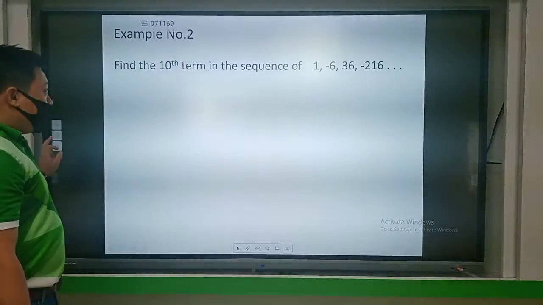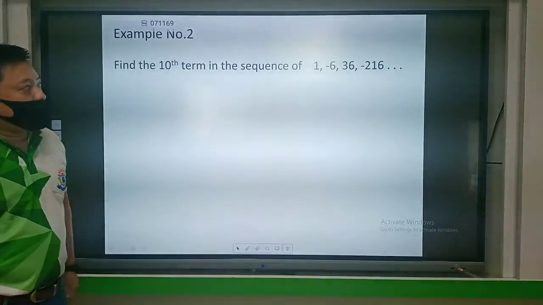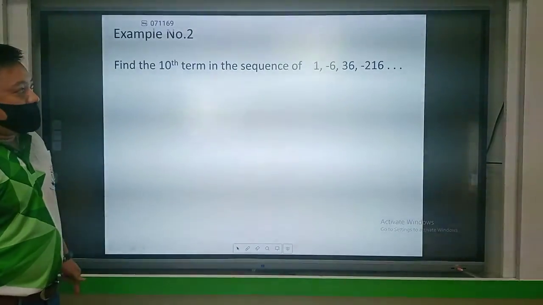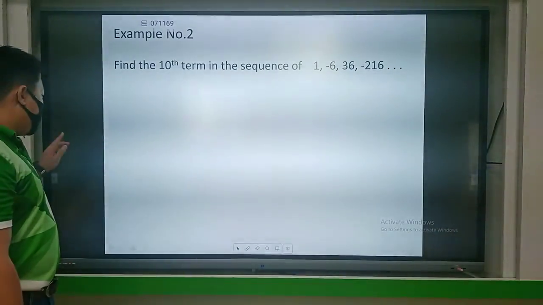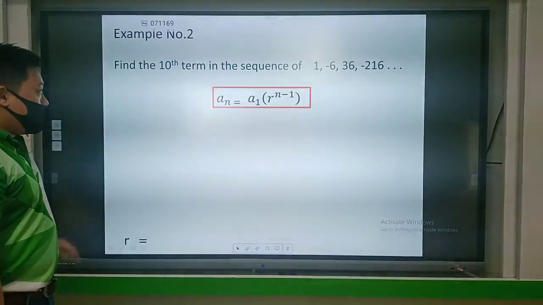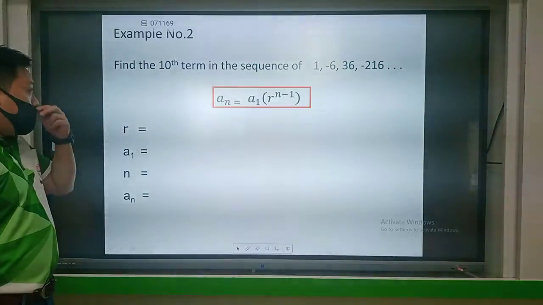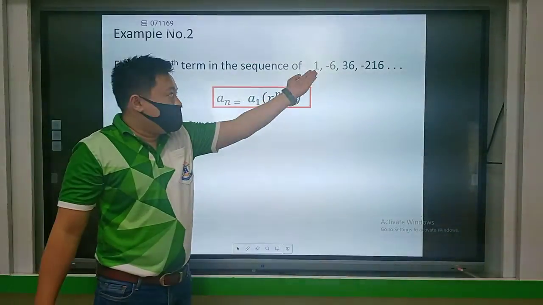Okay, so another example, almost the same. Find the 10th term in the sequence 1, -6, 36, -216, and so on. So let's use the same formula. To identify the r, what do we multiply to get this?